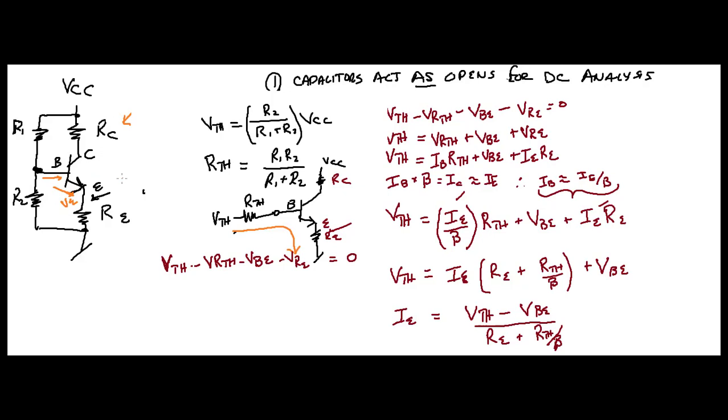And how did we get IE? We just took VE and divided it by RE, right? How did we get VE? We took the base, we subtracted VBE, and we got it. If you notice, it's very similar. The only difference is this term right here. That's the difference, RTH over beta.